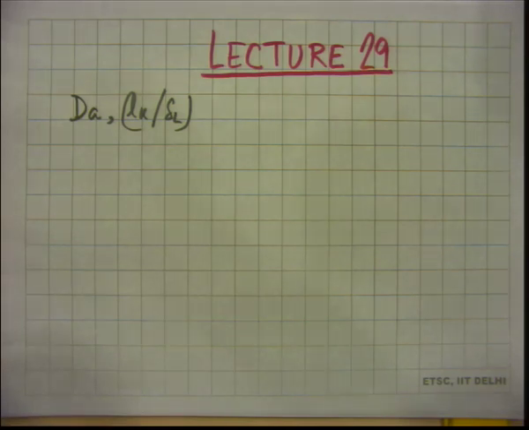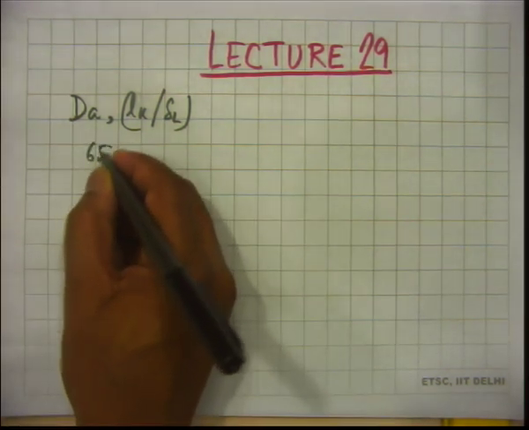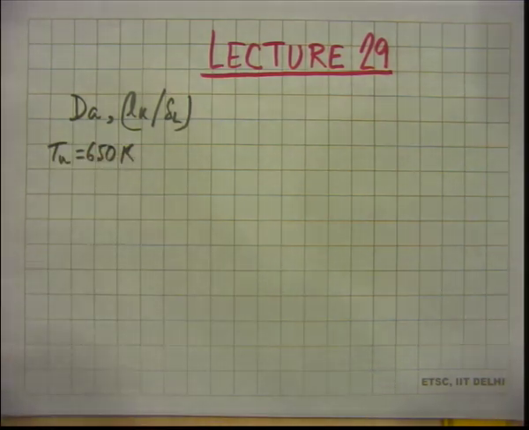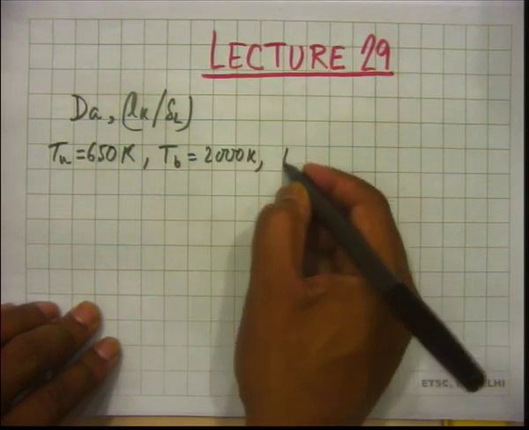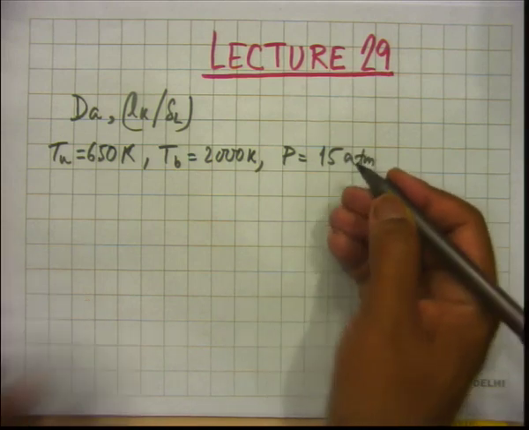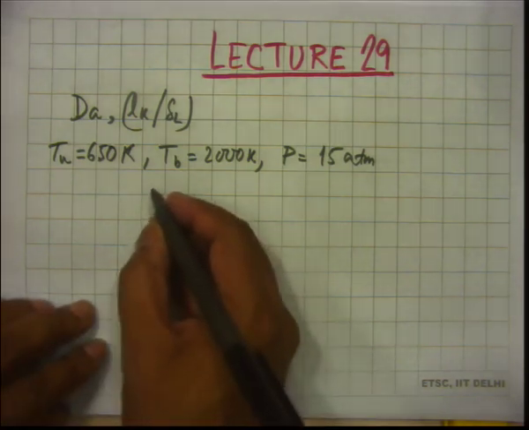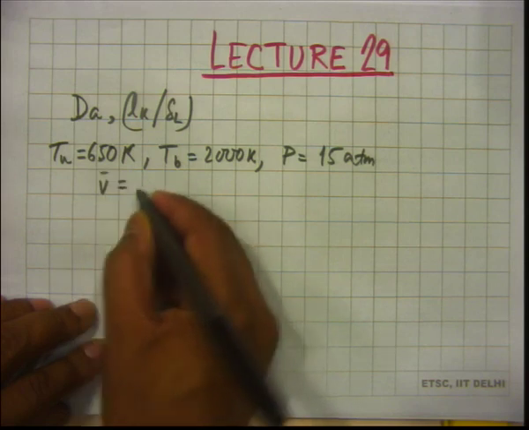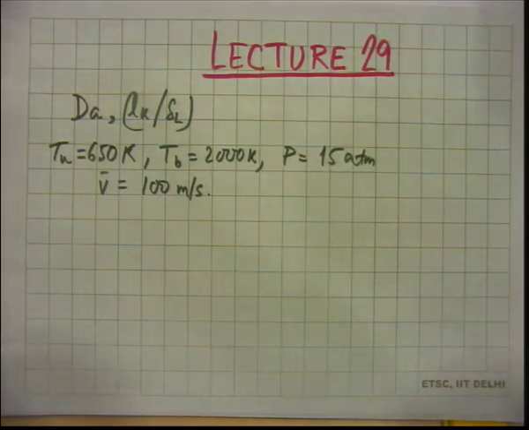The data that are given are unburned gas temperature TU of 650 Kelvin, the burned gas temperature of 2000 Kelvin, and the pressure is 15 atmosphere. The mean velocity V bar is 100 meters per second, and the equivalence ratio is unity.